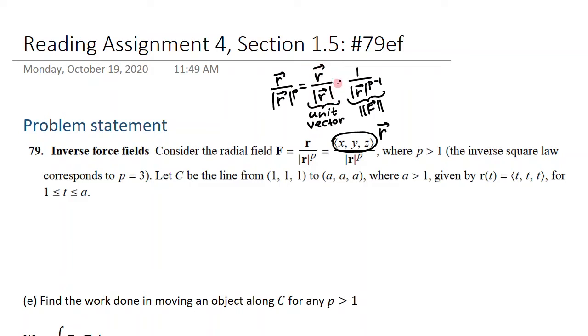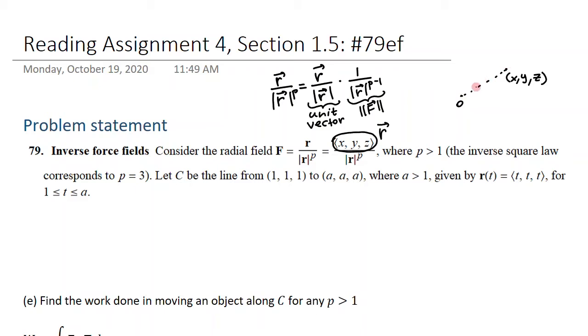Now, the unit vector in this case is pointing away from the origin because x, y, z is just the position vector. Imagine this is the origin, and we're at some location x, y, z. Then R points away from the origin.